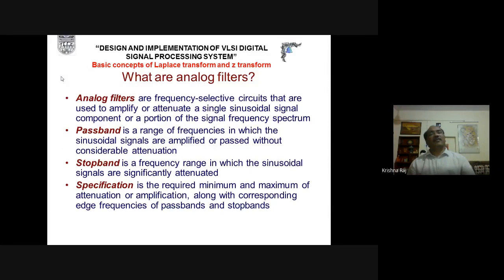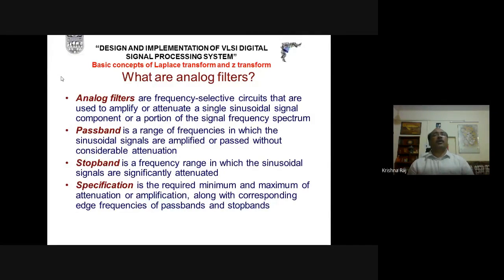Ideally we say that this is the frequency after which there should be no response, and before this there must be 100% response. So in order to design any system, we have to use practical approaches here.